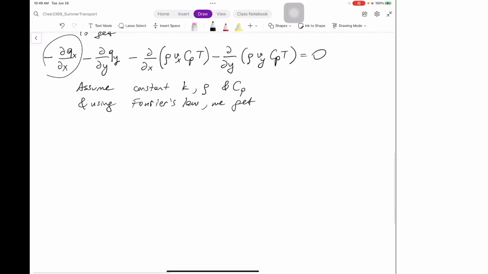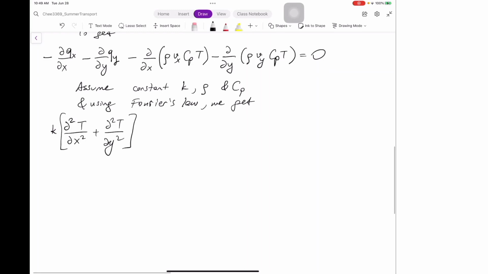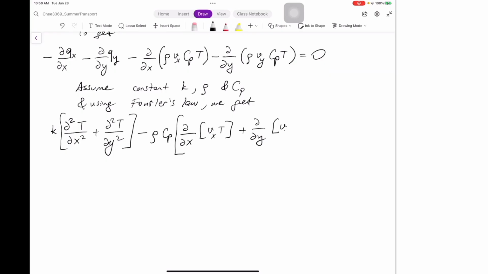So this term becomes minus k, so that's plus k, del squared T over del x squared plus del squared T over del y squared, it's this term, and I took it to common k parenthesis, minus rho Cp, del over del x of Vx T plus del over del y of Vy T is equal to 0.